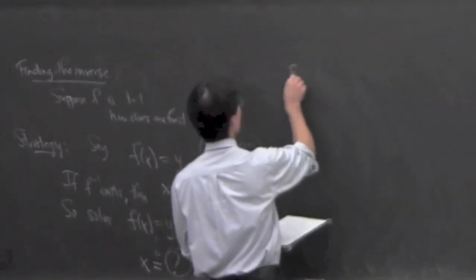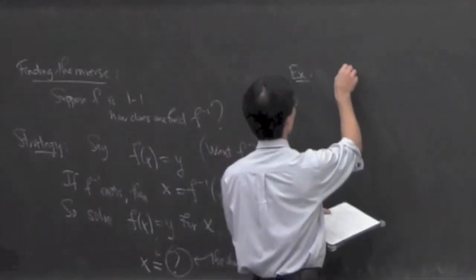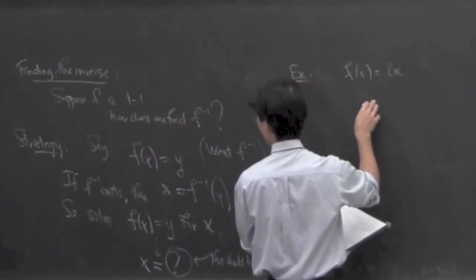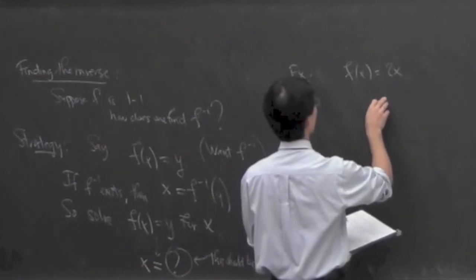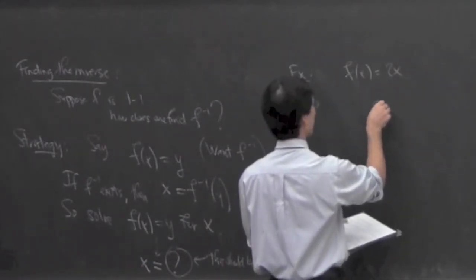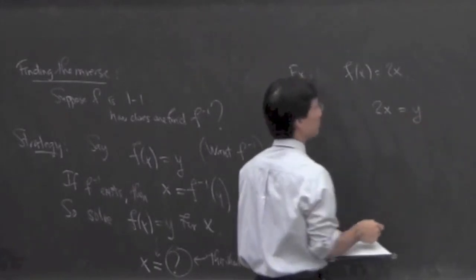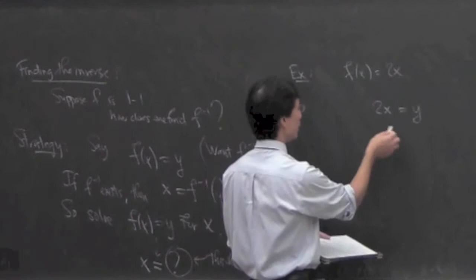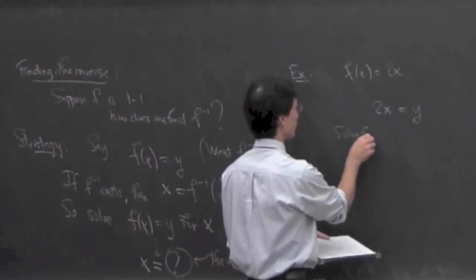Let's start off with the simple example that we did before. f of x is 2x. So we say this 2x is y, and then we solve for x.